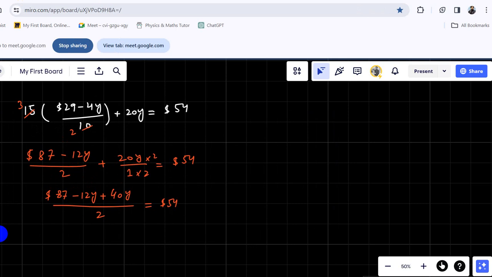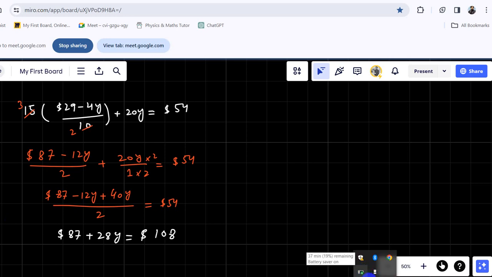Now we can multiply this 2 with 54. So on the left side we have 87 plus 40y minus 12y, that is 28y, equals what is 54 times 2? Yeah, it's 108.